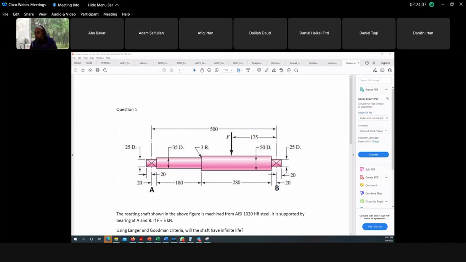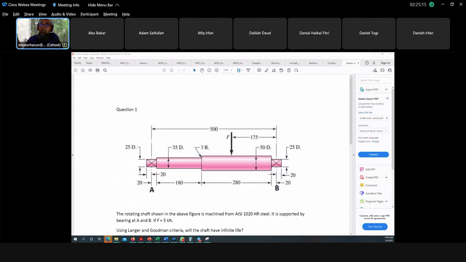After that, calculate A and B. I give just a rough idea, a little working, so that you can try. Then you can calculate the moment. From what we observe now, we could identify that the maximum moment is at F. But in our mind, the stress concentration factor occurs at the fillet, radius 3.